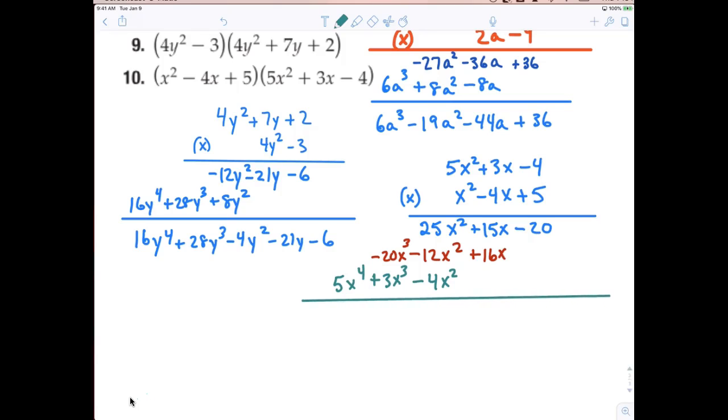Now see if that's kind of what you did. Now the next thing we want to do is double check your signs, whether positives or negatives. Once you have that set up, it's just a matter of adding it straight down. 5x to the fourth minus 17x cubed plus 9x squared plus 31x minus 20.